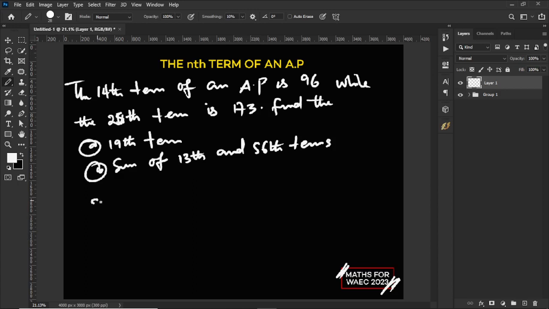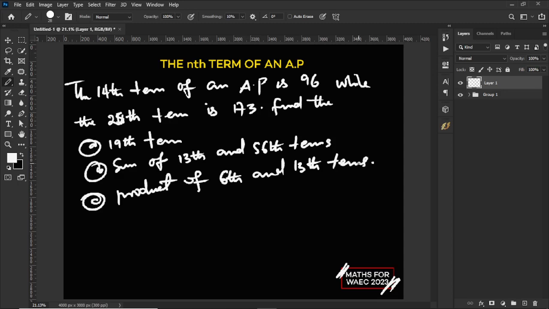Then C, the product of the 6th and 13th terms. So those are the 3 questions we want to look at now. So take it down because I will need to clean the board so that I'll have more space to work.